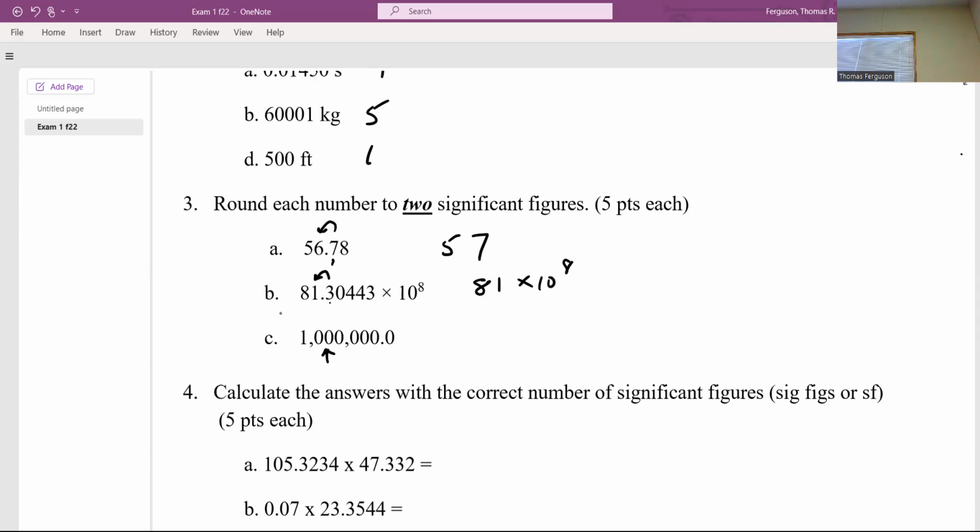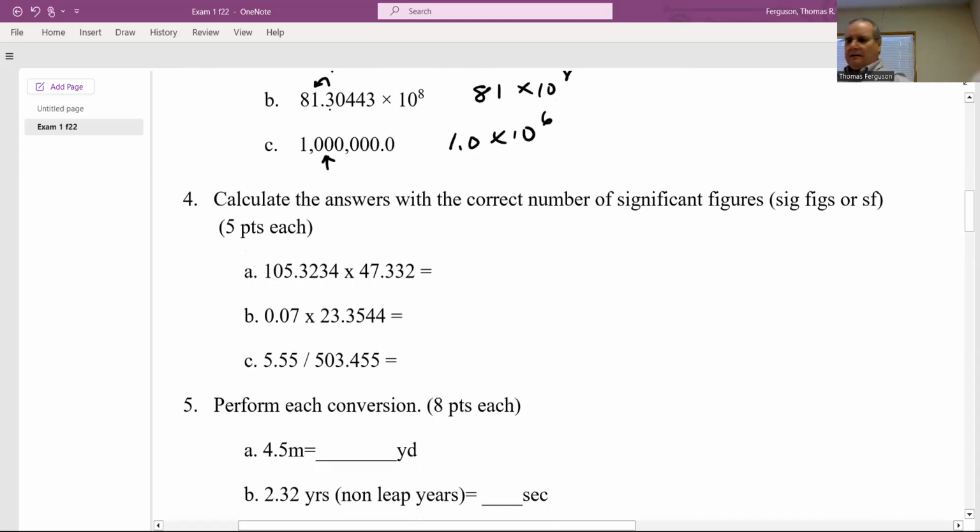Keep that in mind. If you have non-scientific numbers and a problem getting the correct number of sig figs, just go to scientific notation. So that's going to be 1.0 times 10 to the what? 6. And the calculator.